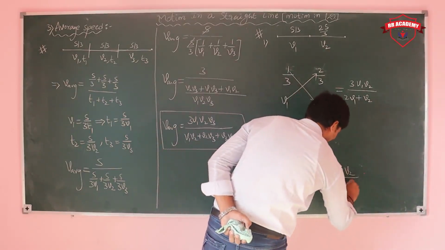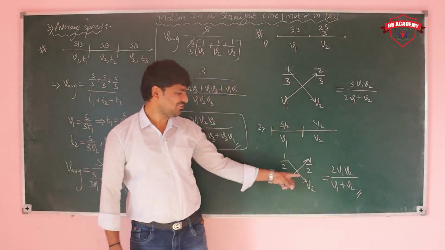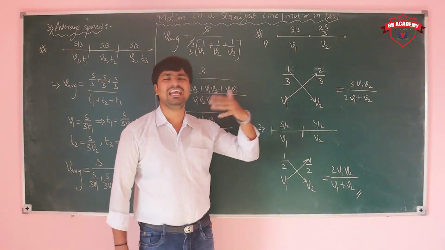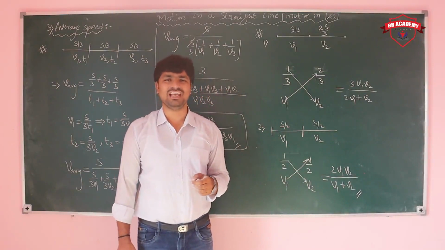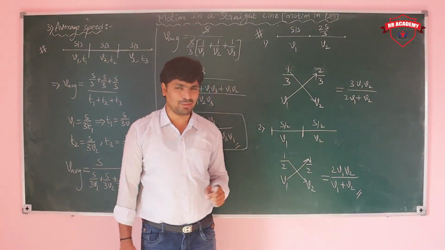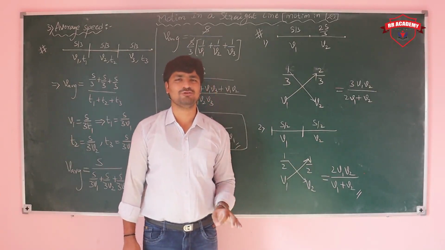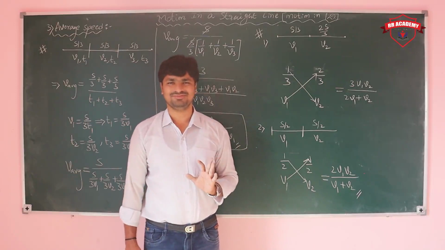So that is V1 plus V2. So this shortcut you can use, not only for S by 2 or S by 3, anything they ask, you can solve very easily. This can help within less than 1 minute, meaning you can solve the problem in a maximum of 30 to 40 seconds.